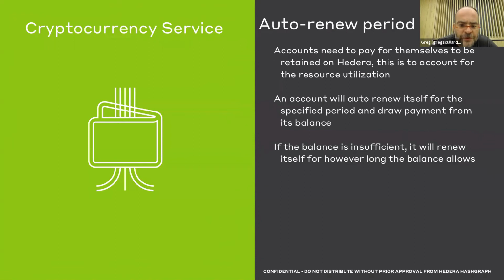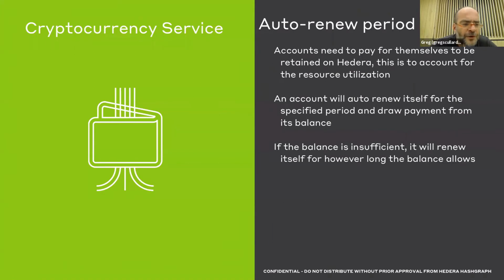If the balance is insufficient, it will renew itself for however long the balance allows. So if, for argument's sake, it's 10 HBAR, that would be a lot, to renew an account for 6 months, and there's only 5 HBAR in the account 6 months from now, then the account will renew itself for 3 months. That's all it can afford. So its balance will go to 0.